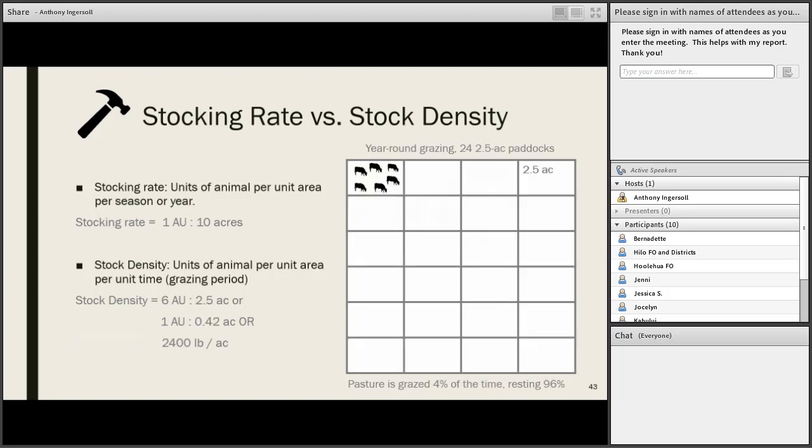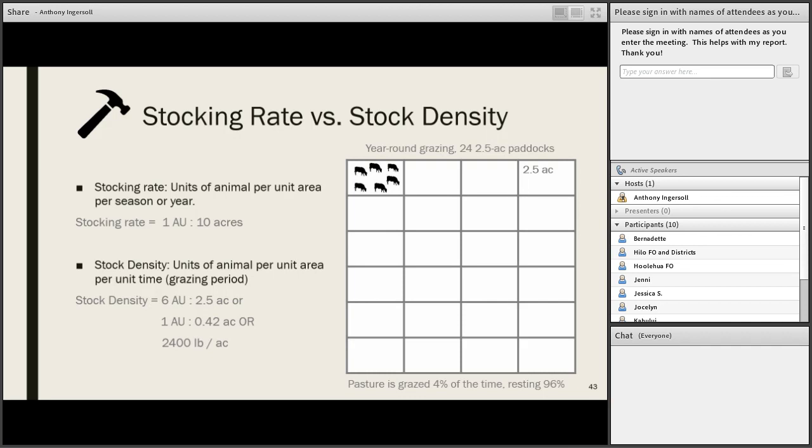Let's do it again. And let's say we took those 60 acres and instead we put in 24 2.5-acre paddocks. Our stocking rate is still the same. We still got 6 cows on 60 acres, assuming the client hasn't increased his herd. But now our stock density has changed.